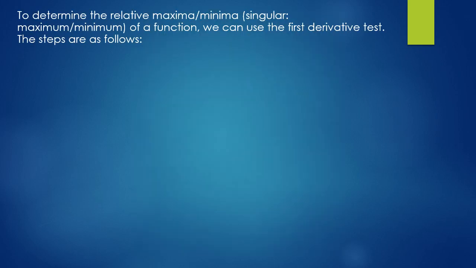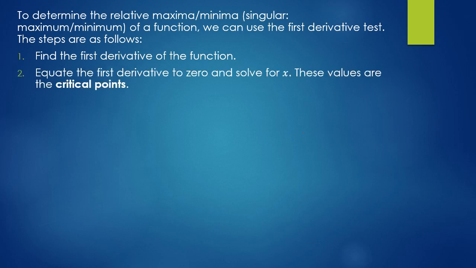So to be able to determine the relative maxima or minima of a given function, these are the steps that you need to do. So first, you need to find the first derivative of the function. Now, this would be quite easy because almost all of the functions that we are going to use are polynomial functions.